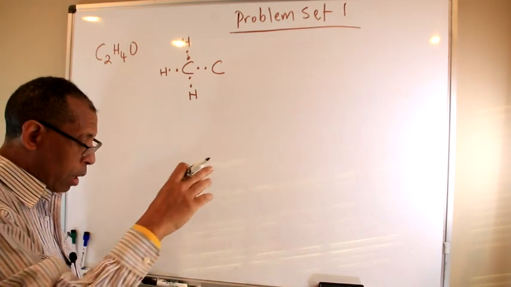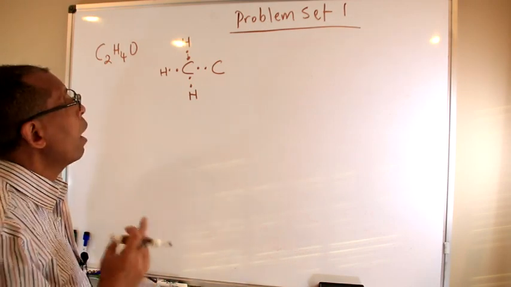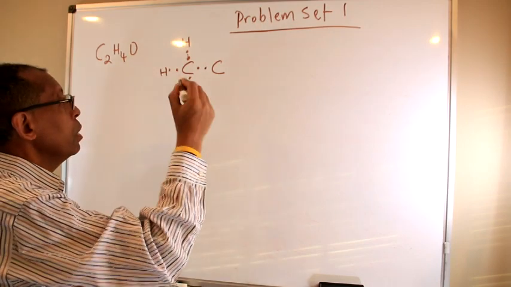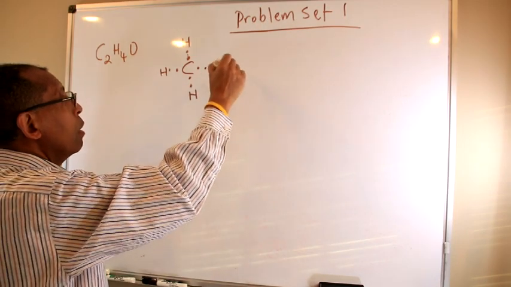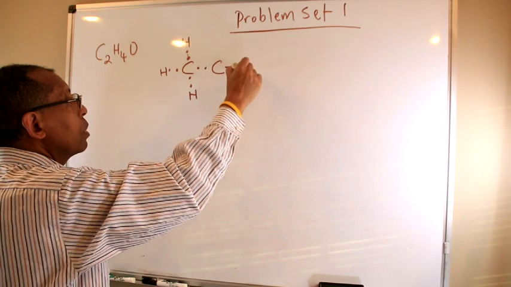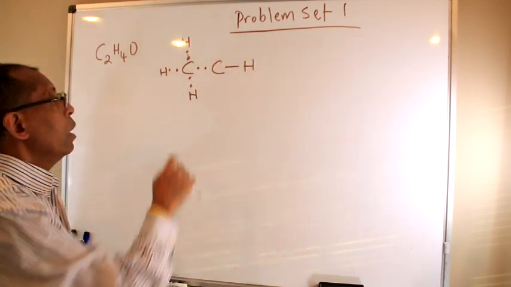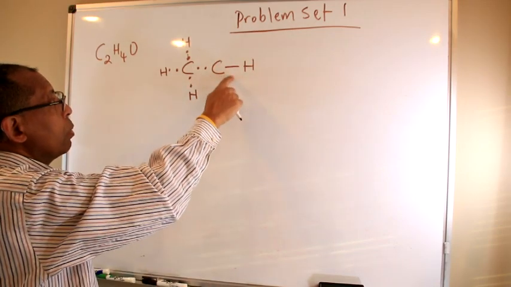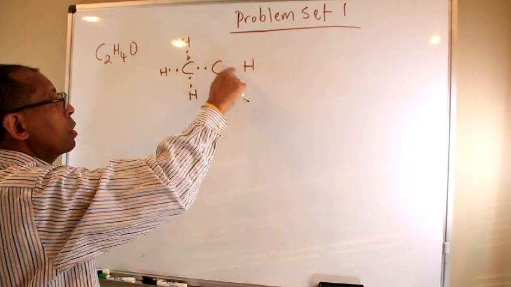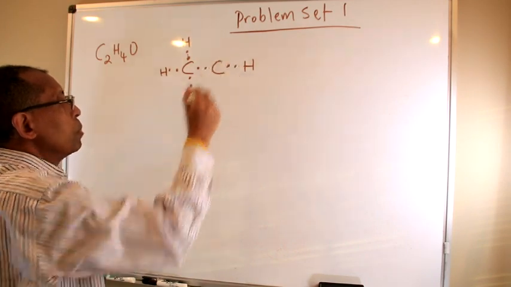So the only way this can have a bonding situation would be, let's say you have a hydrogen here, and now the octet around carbon, as you see, it still needs 4 more electrons.